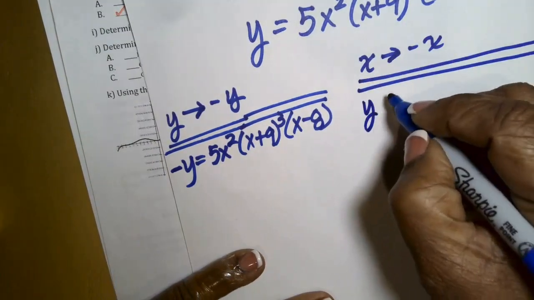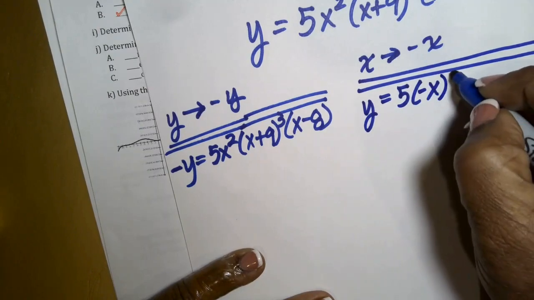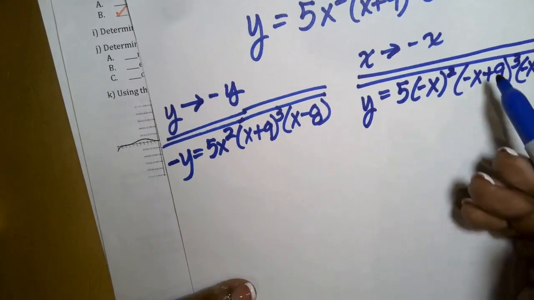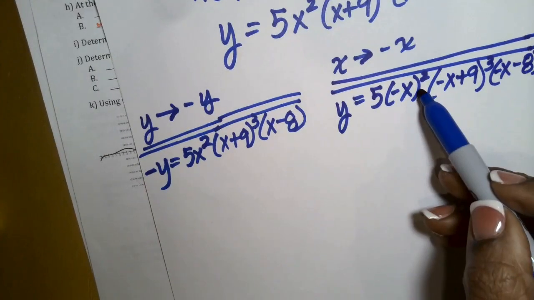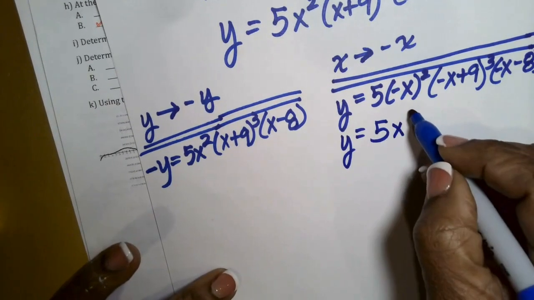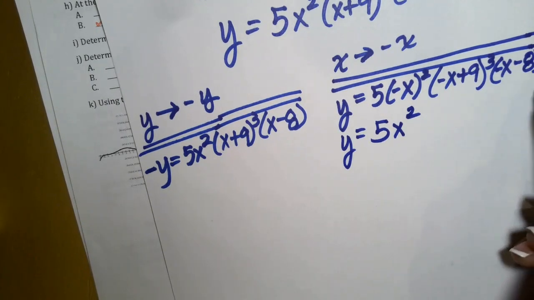So we start out with y, and everywhere there's an x, we're going to replace it with negative x, okay? And so here, I can square away the negative, and that's going to take me back to that original factor. But that's not going to happen with the rest of the factors.